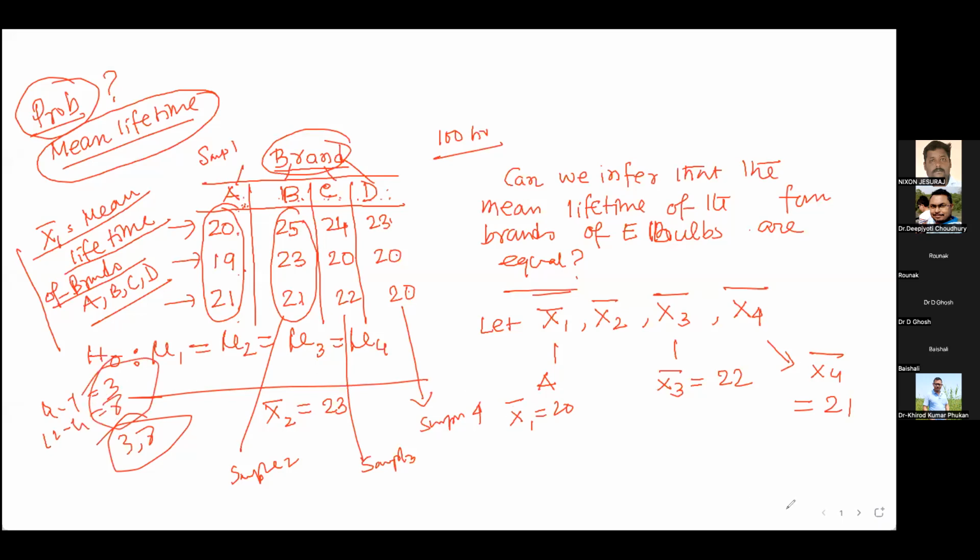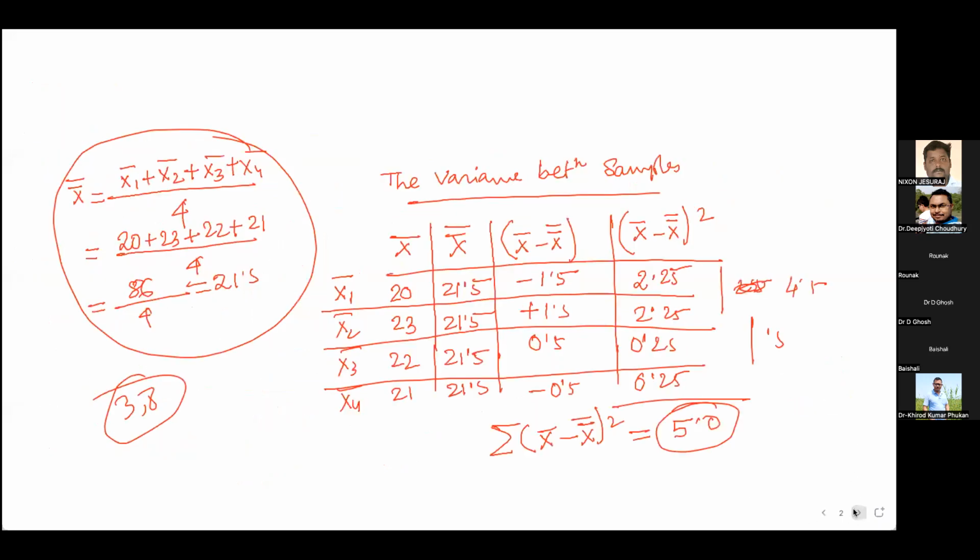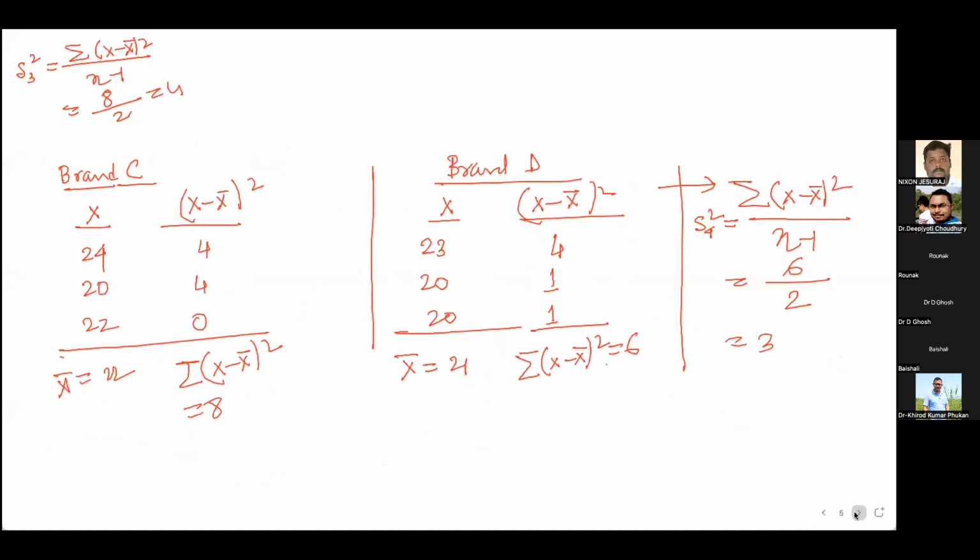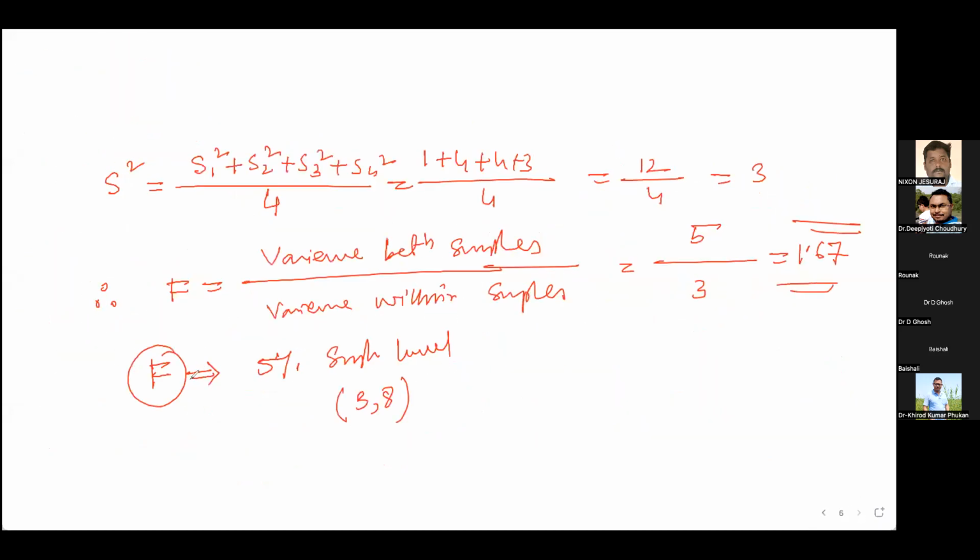So 3, 8, based on that calculation, the tabulated value of F for 5% significance level and degrees of freedom 3, 8, if we refer to it, we get the tabulated value as 4.07.